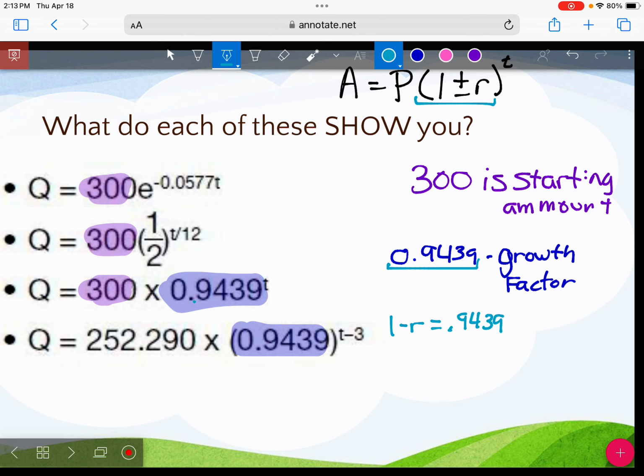I want you to find it. What is that rate? 0.0561 or 5.61%.